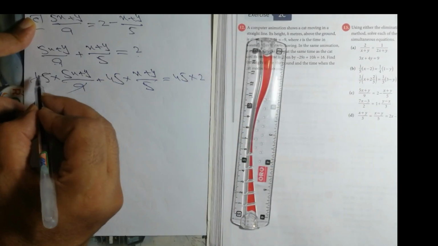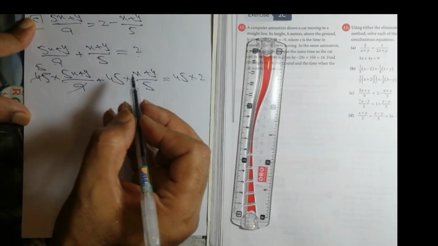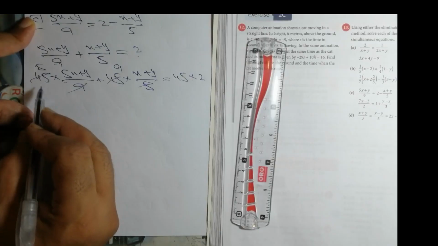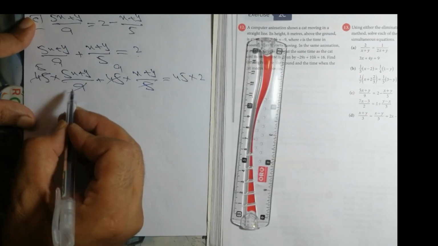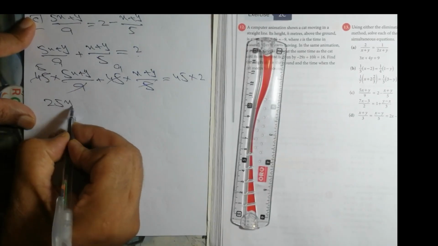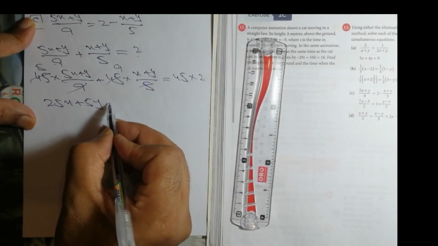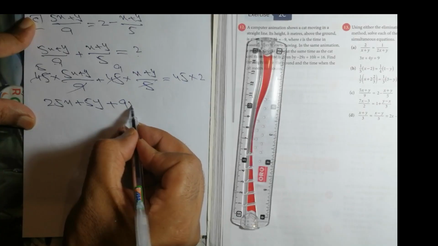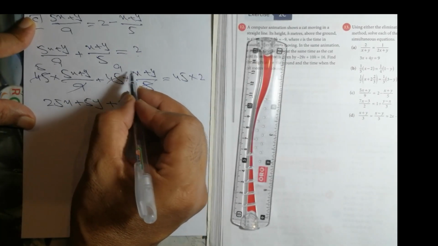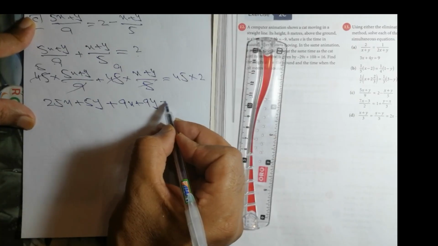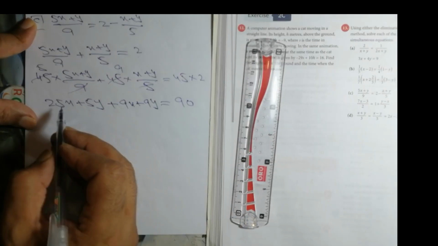So 5 9s are 45, 5 into 5 is 25x, 25x plus 5y plus 9x, coefficient of x is 1, 9x plus 9y equal to 90.